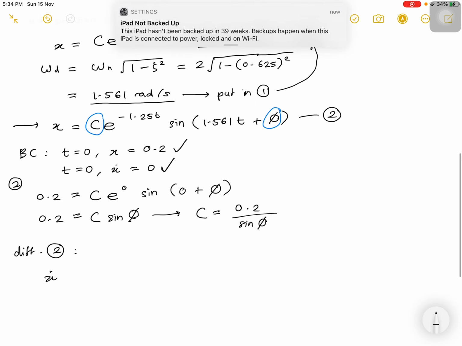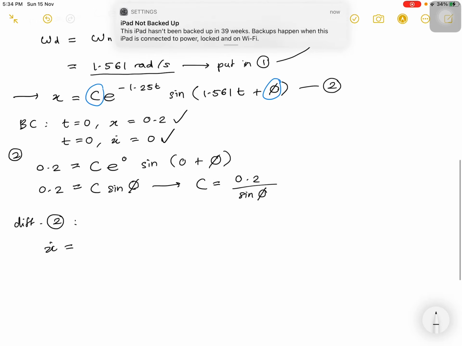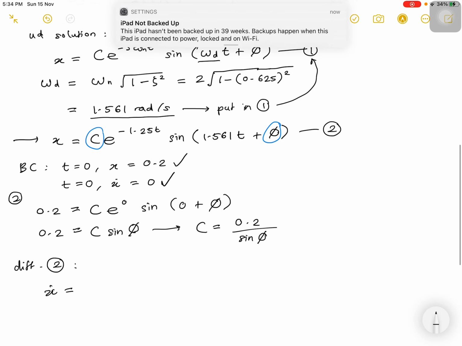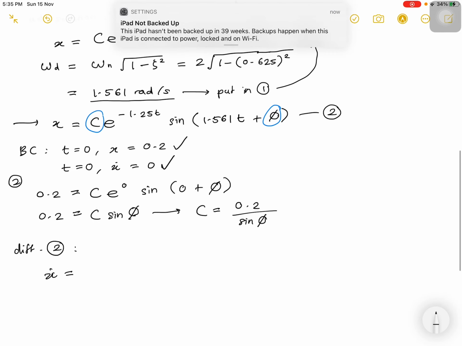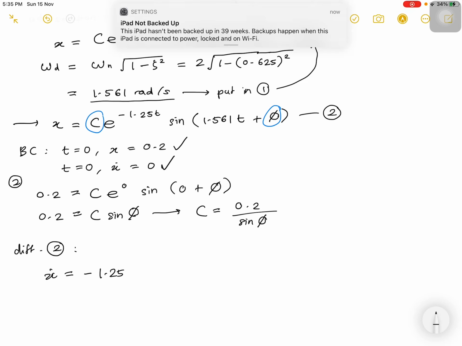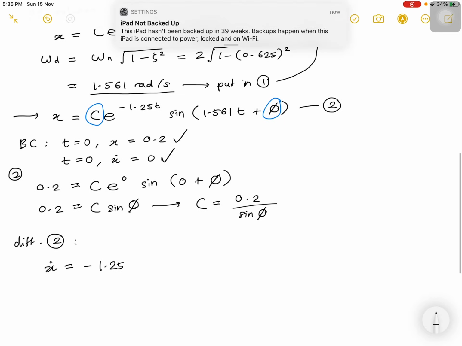So we will get x dot equal to... so we have the value already, so we can use the multiplication formula for differentiation.